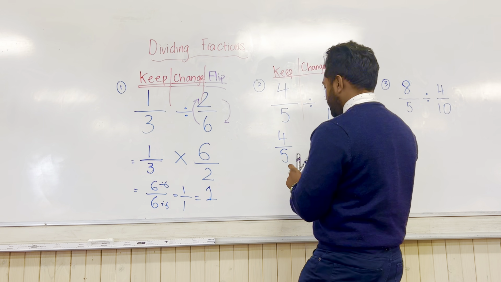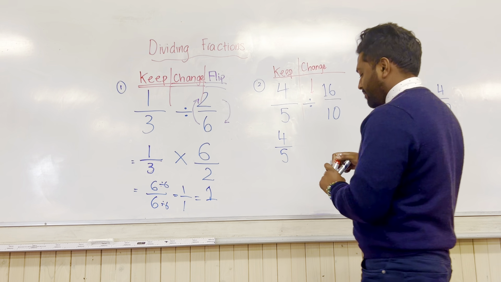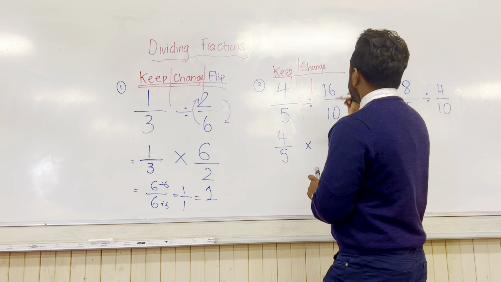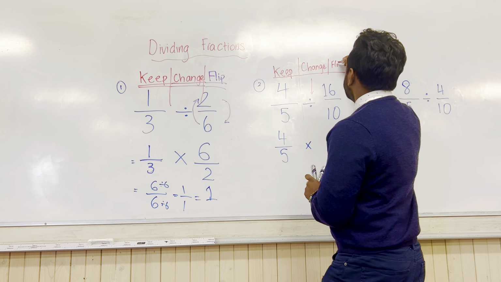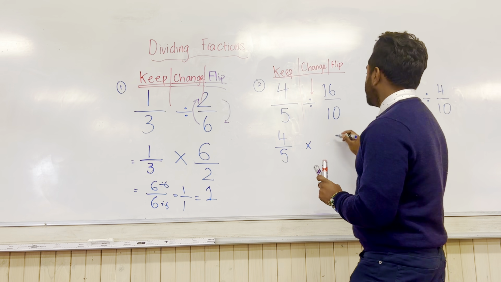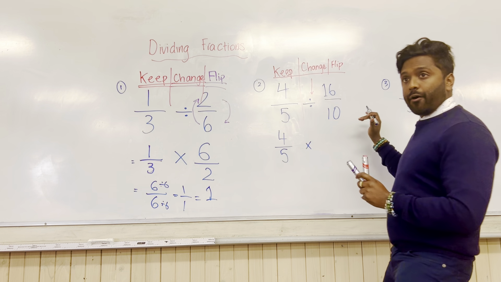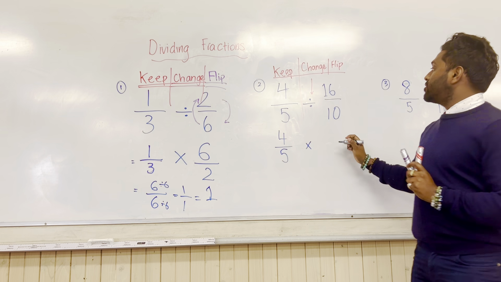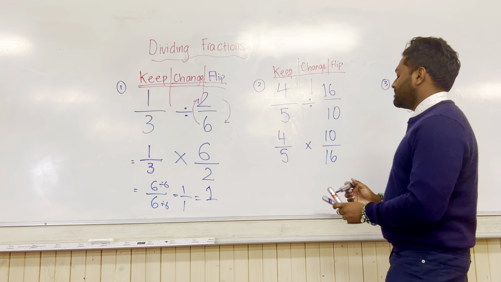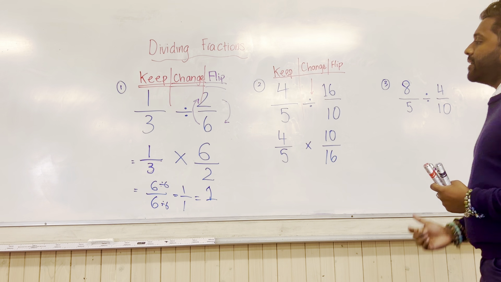So you're going to change this particular division operation to a multiplication. Next stage is flip. So you're going to flip this particular fraction, and this numerator is going to go at the bottom, and the 10 is going to go at the top. So now that's going to be 10/16. Cool.